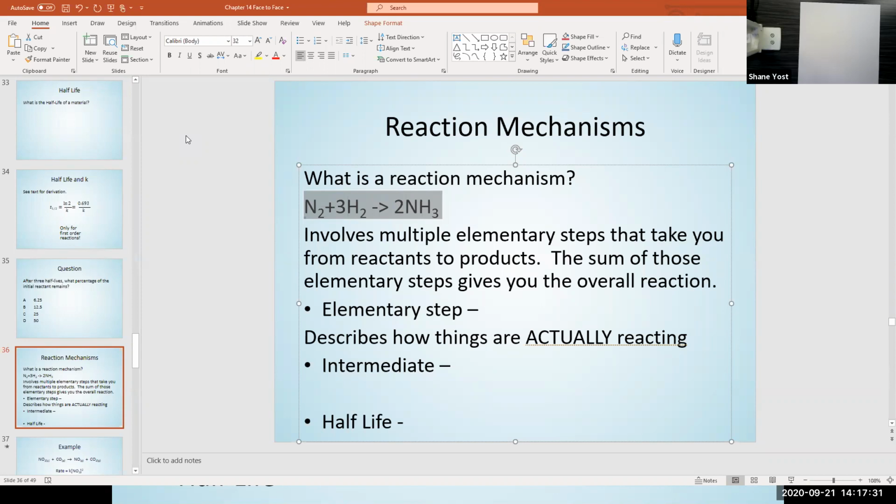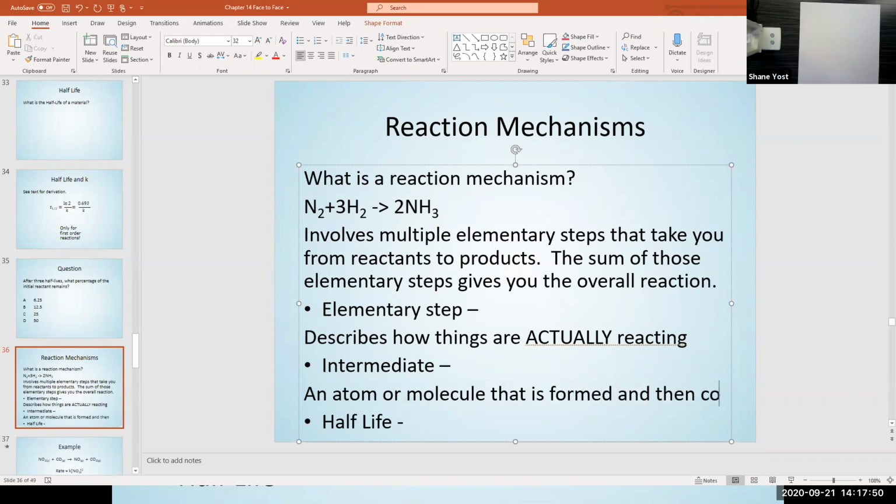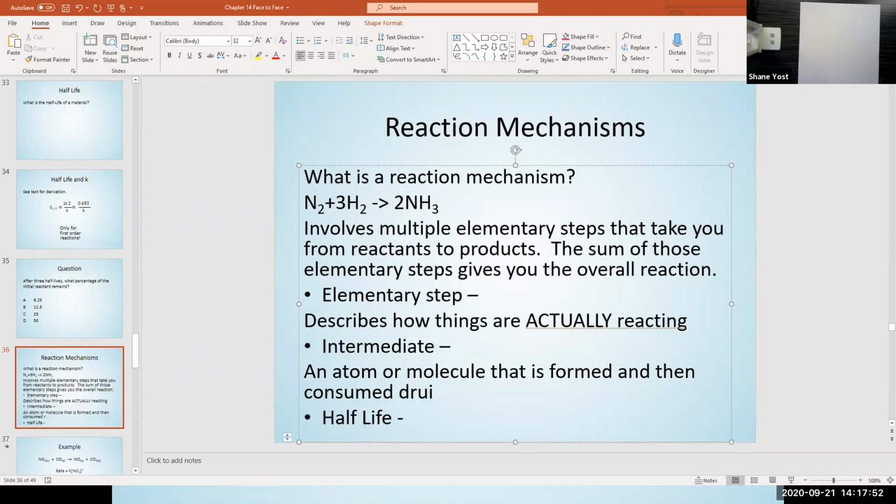And so an intermediate, something that was being described, is an atom or molecule that is formed and then consumed during a reaction mechanism.